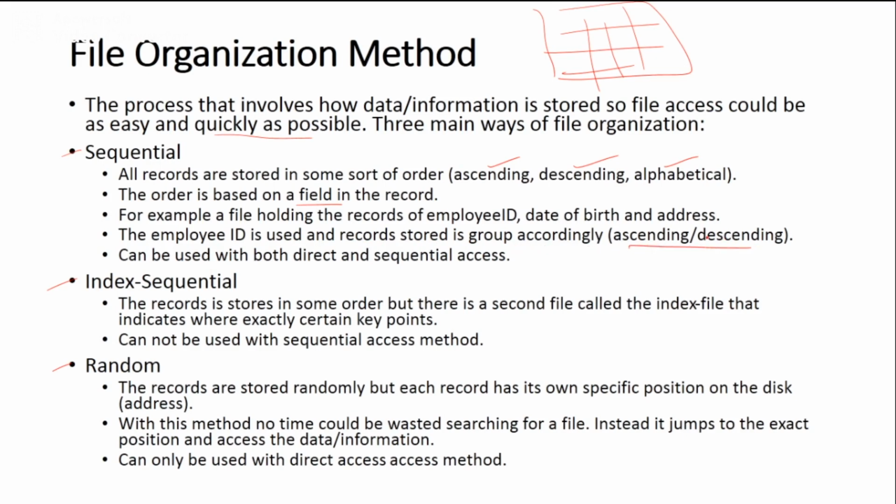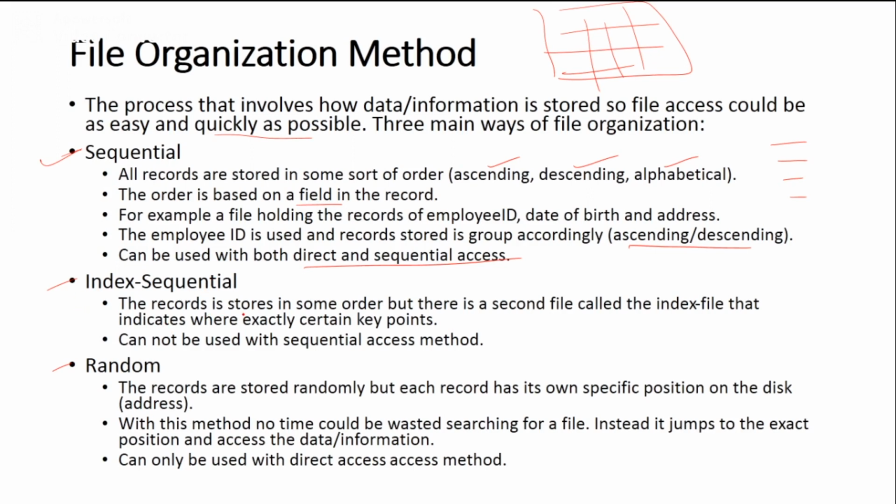Ascending or descending order can be used with both direct and sequential access. In either direct or sequential access, you can go for sequential organization. Suppose employee ID starts from 001, it will be stored first, then 02, 03, 04, and likewise it will continue. That is sequential organization.